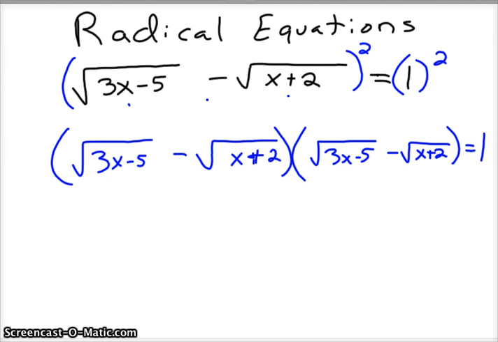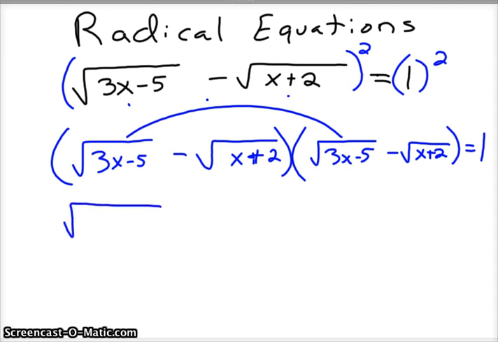So what we have next is to distribute through on everything. So 3x minus 5 times 3x minus 5, and they're both radicals, would be 3x minus 5 squared, which the radicals would cross out then.